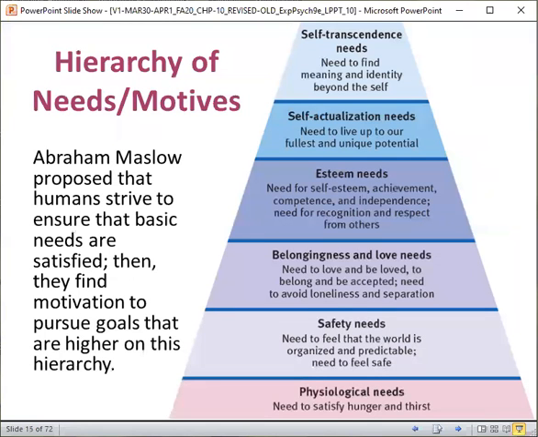Now, we've seen this a time or two already, and this is Maslow's hierarchy of needs. Abraham Maslow proposed that humans strive to ensure that basic needs are satisfied. Then they find motivation to pursue goals that are higher on this hierarchy. At the very bottom, we have, again, our physiological needs.